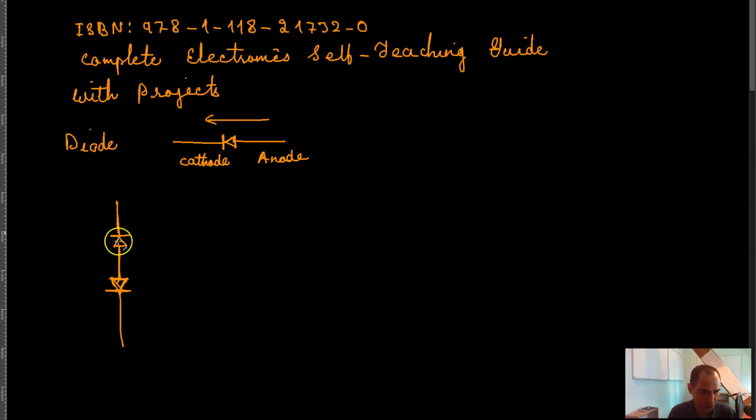So the anodes are connected to one another. If you put these diodes back to back in this manner, meaning that the anodes are connected together, one cathode is over here, one is over here, and then you have one terminal over here, then this becomes the base of your transistor. This becomes the collector, and this becomes the emitter.